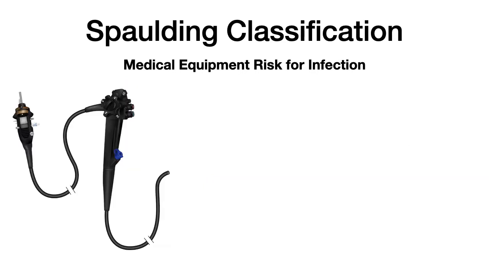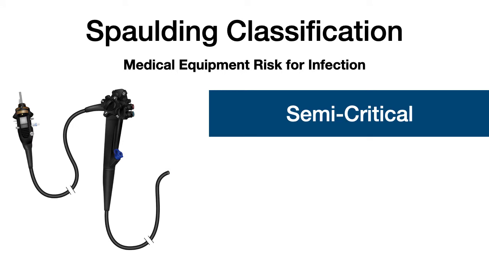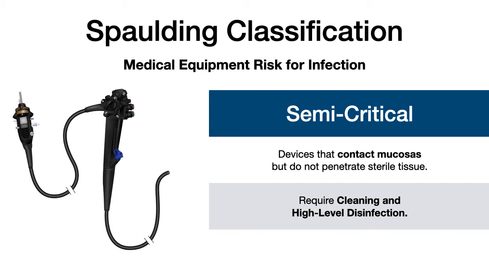The next is an endoscope. Endoscope is a semi-critical item. It touches the mucosa, but does not penetrate the tissue. And semi-critical items like the endoscope require high-level disinfection.